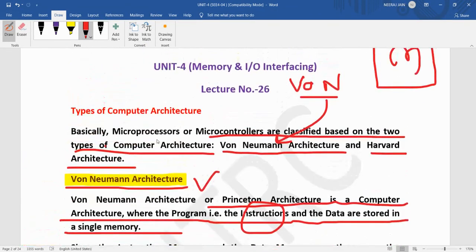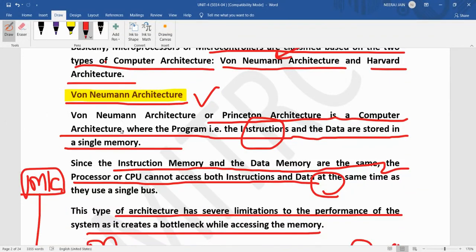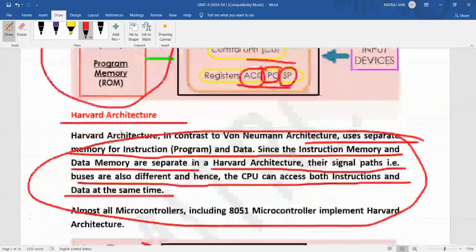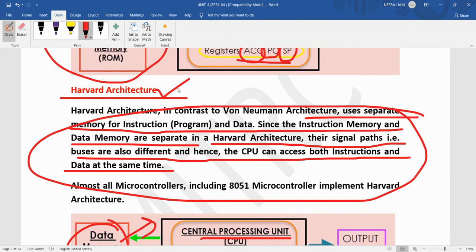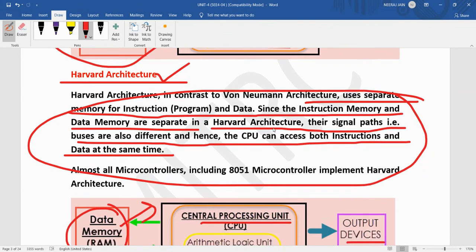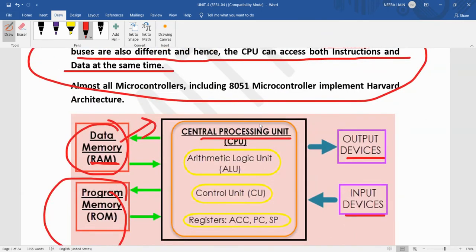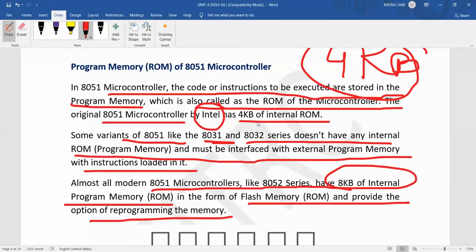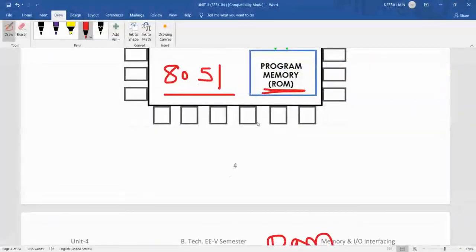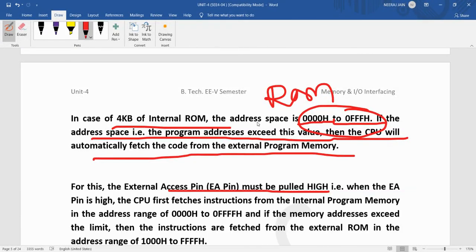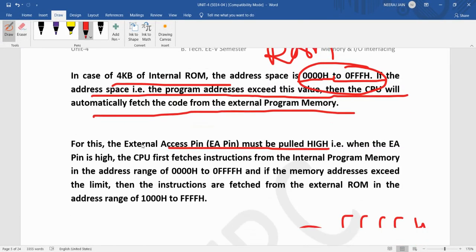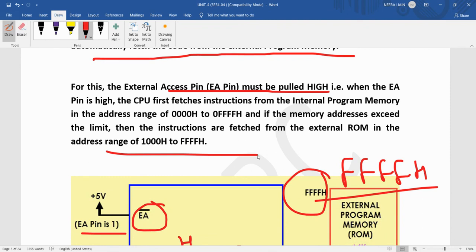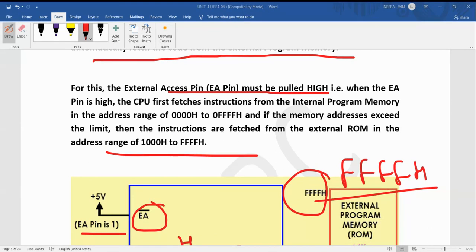Note they are not using the first type of architecture, because Harvard architecture is useful, having separate program memory and data memory, and both can be simultaneously accessed in such microcontrollers. So I think you will study what the basic architecture is. You can make such diagrams also. Thank you.